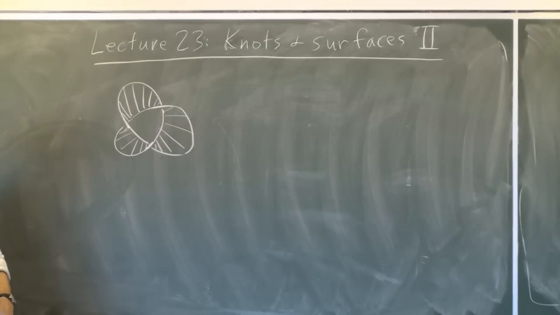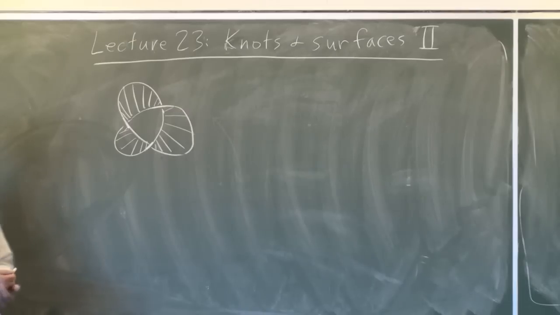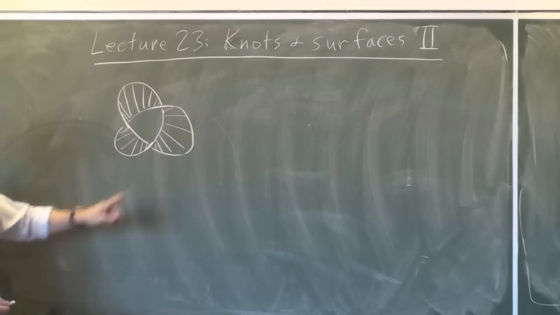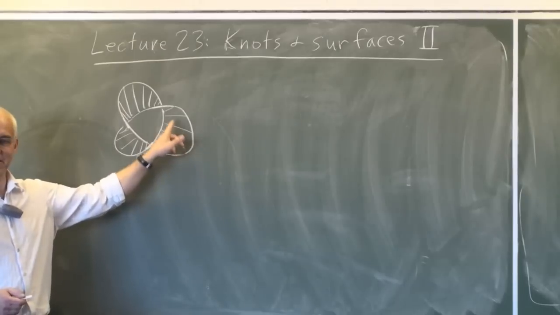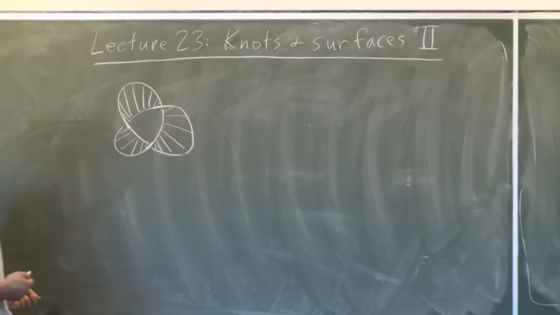And here I'm trying to represent the trefoil knot as the boundary of a two-dimensional surface. I'm sort of filling in the spaces between two different strands of the trefoil knot.